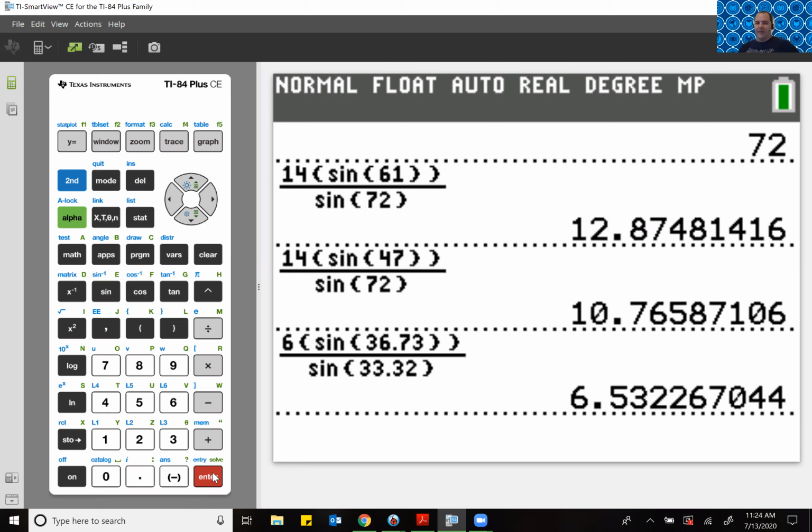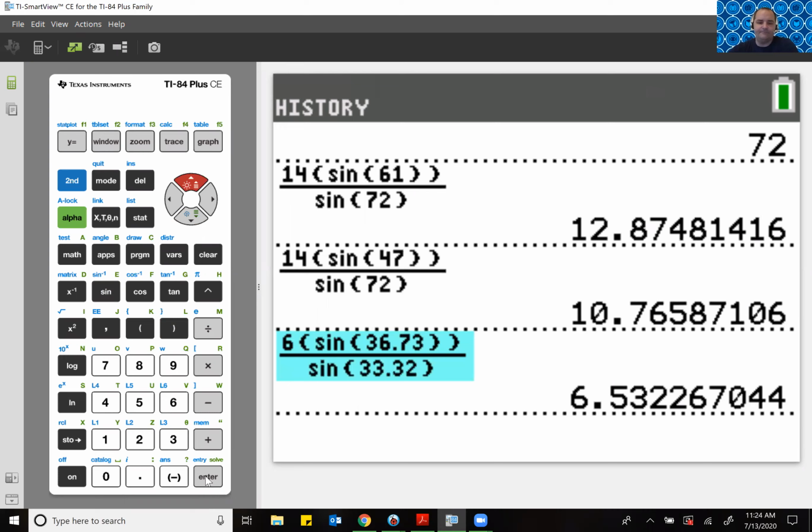So little b, because this little fraction was for little b, rounded to the nearest whole number is 7 miles. Okay? Because the 5 says, hey, 6, round up. Go up, grab my fraction.